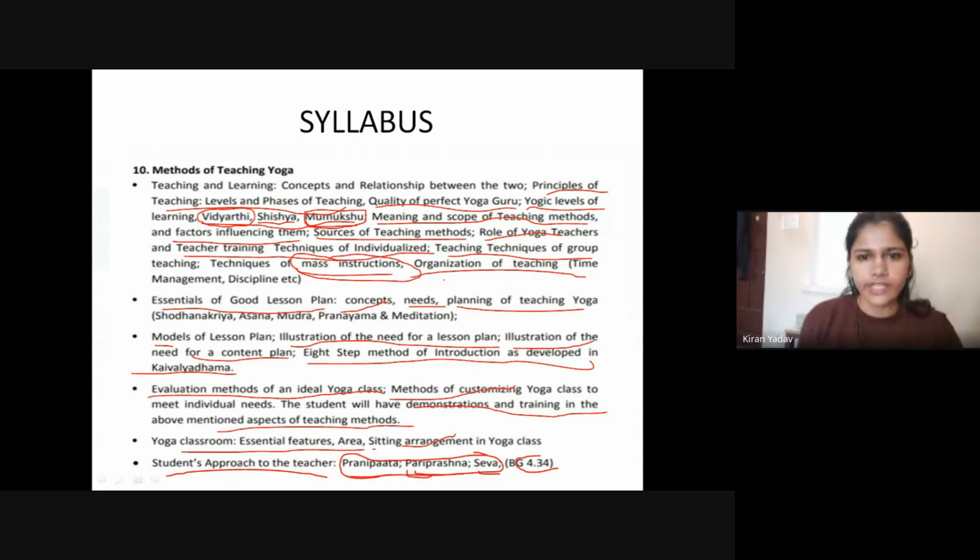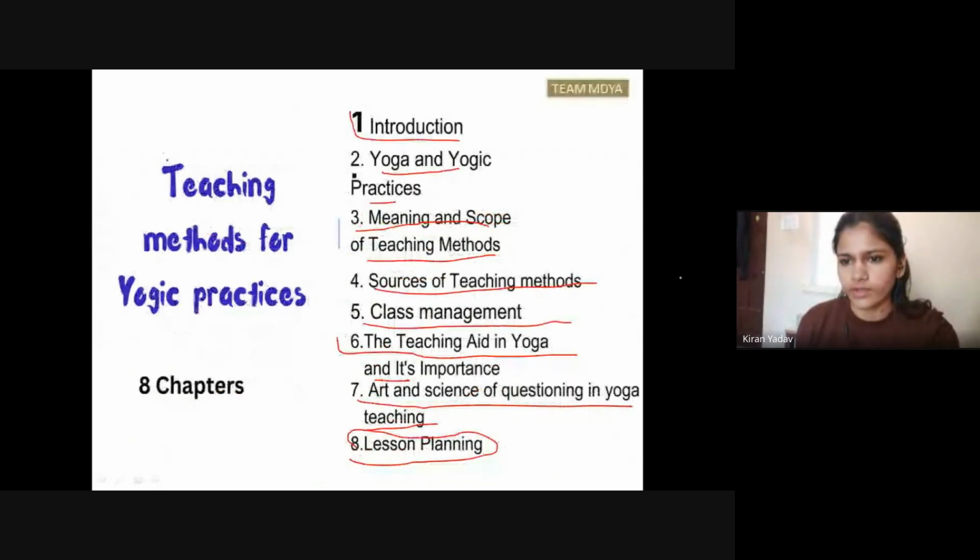Now it's time to teach it to others. See, if you just have knowledge and you do not know how to teach it to others, then it's of no use. So knowledge plus skill, both are important. So this unit teaches us how to teach the skill, how to apply the knowledge that we already have. That's why we are reading this book.